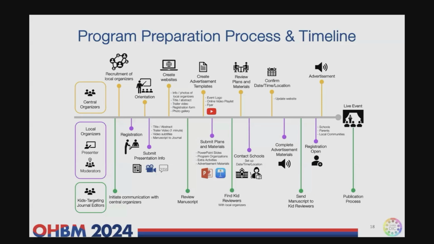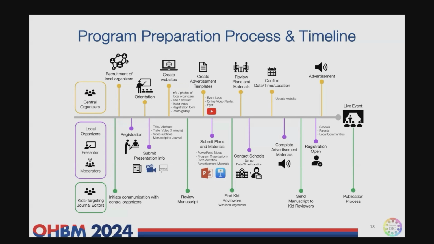This is an overview of the program preparation process and the expected timeline. Three components, central organizers, local organizers, and the journal editors like Frontiers for Young Minds, have to work together systematically to reach the goal.